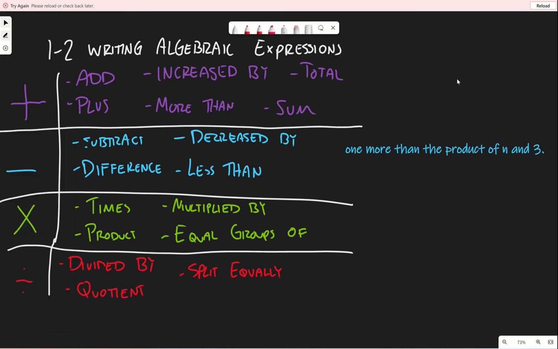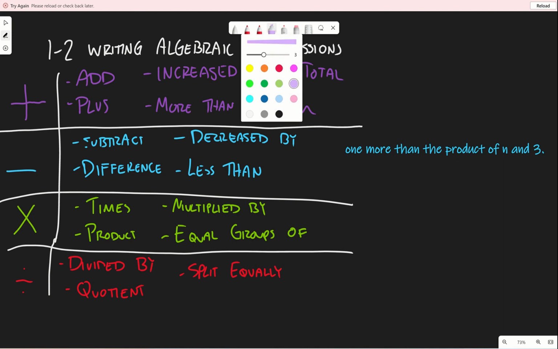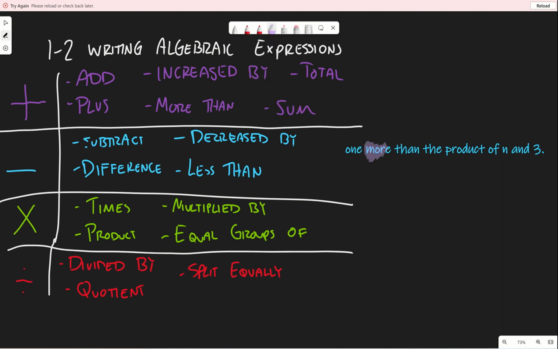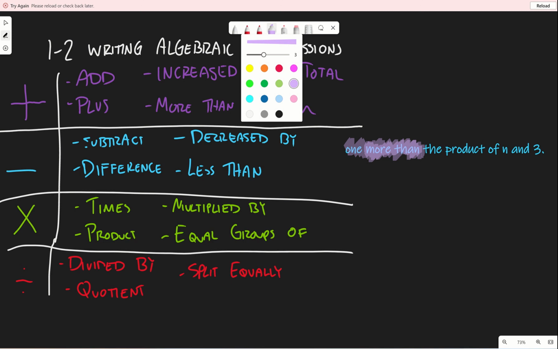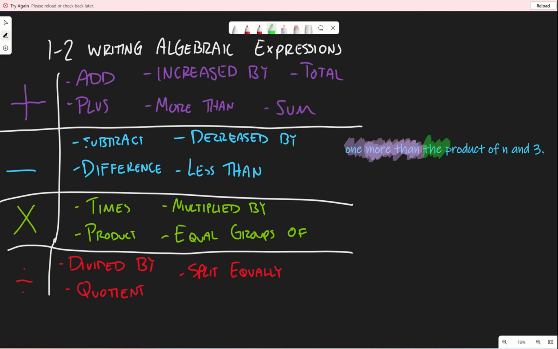To do this, we want to look and say, okay, what kind of math words do I have going on here? Well, I've got more than. I know I have one more than something, and that something is the product of n and 3.